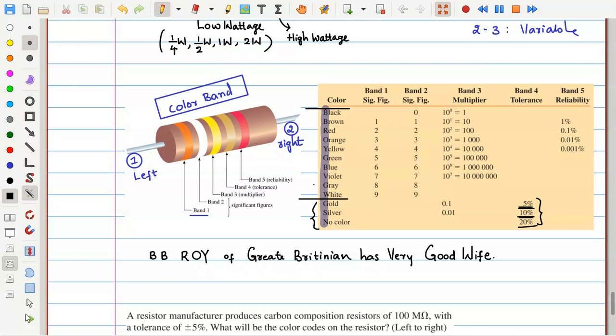If you observe these starting letters, it fits with this quotation. So, BB Roy of Great Britain has a very good wife.